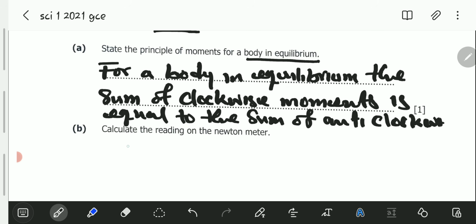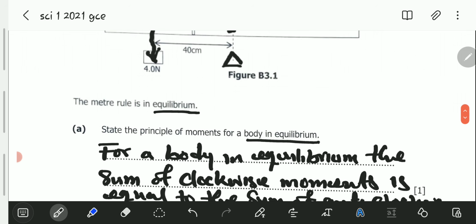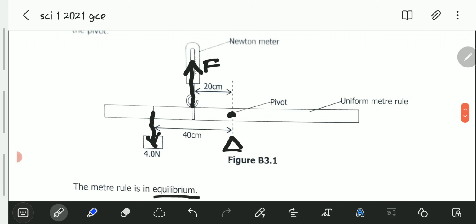All right, B: calculate the reading on the Newton meter. Because I've already put a force F, which the Newton meter exerts, this is the force with which it will read there.